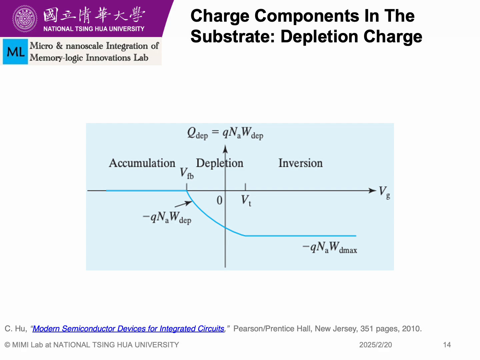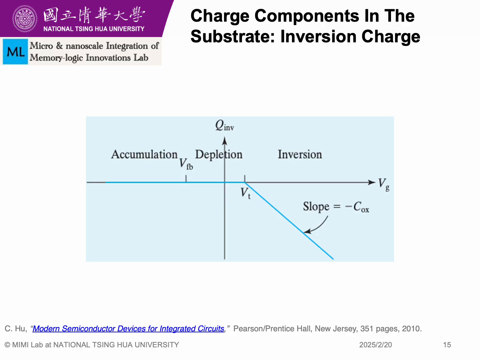Now there are three charge components in the MOS capacitor. One is the depletion charge, which is given by this equation, and the other one is the inversion charge, which is directly proportional to the oxide capacitance.